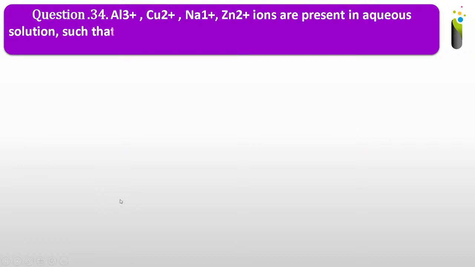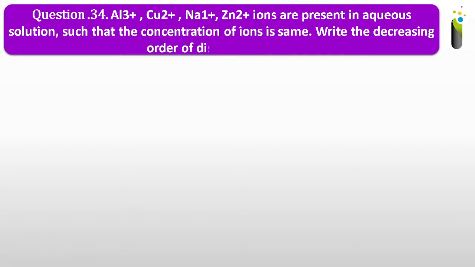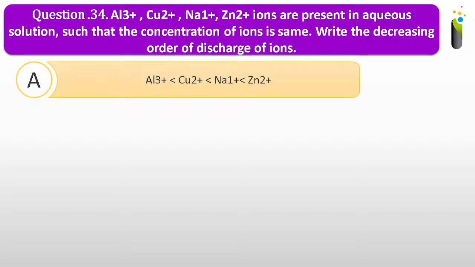Coming to the next question, number 34. Al3+, Cu2+, Na+, Zn2+ ions are present in aqueous solution such that the concentration of ions is the same. Write the decreasing order of discharge of ions. A. Al3+ < Cu2+ < Na+ < Zn2+.